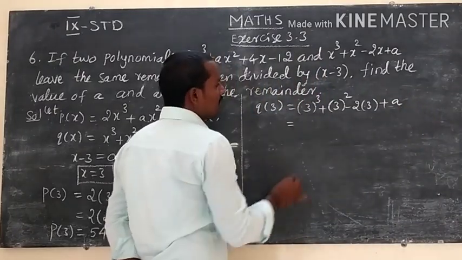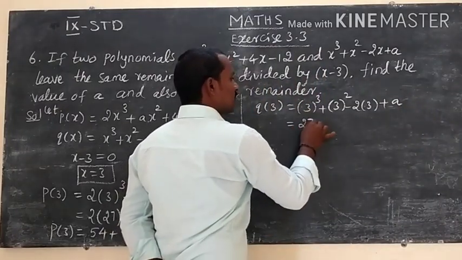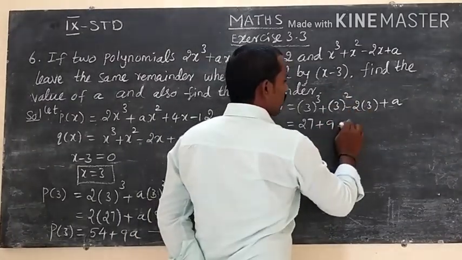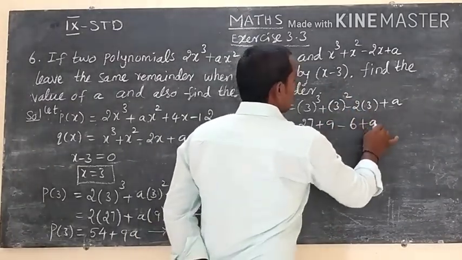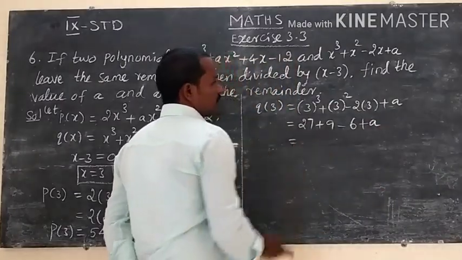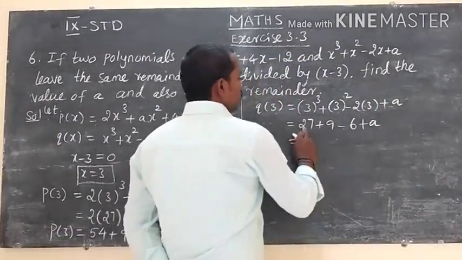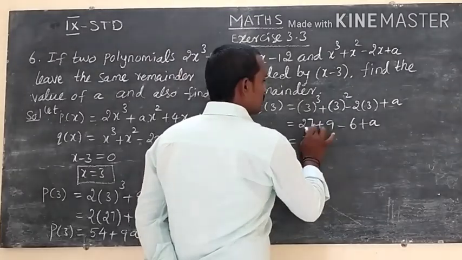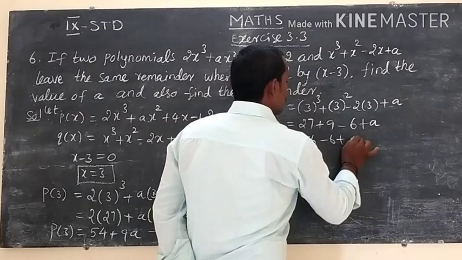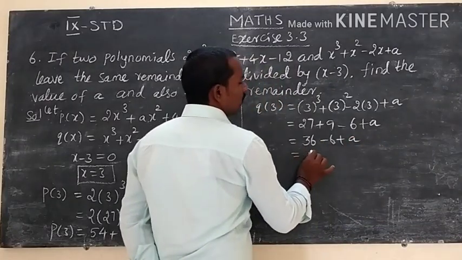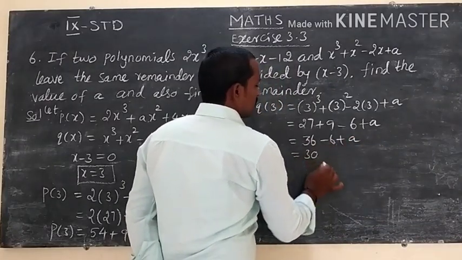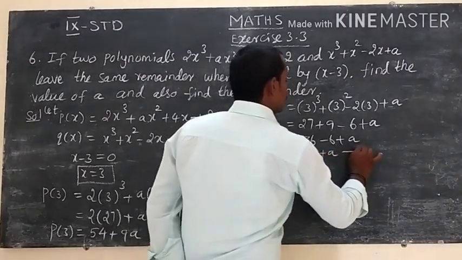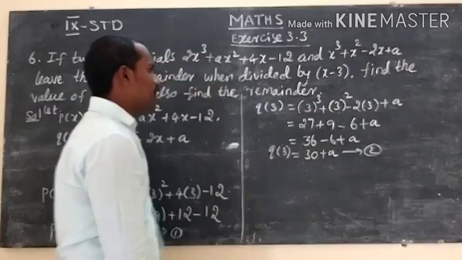Find the value: 3 cube is 27 plus 3 square is 9 minus 2 3s are 6 plus a. The sum of the first two values is 36, minus 6 plus a, which is 30 plus a. This is q of 3. This is number 2.